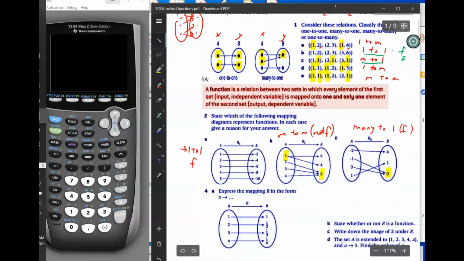Okay, express the mapping R in the form x maps to something. Let's see. So I'm going to write x goes to, and then I'm going to put a little formula here to show the relationship, a mathematical formula to show how the x value changes to the y value.